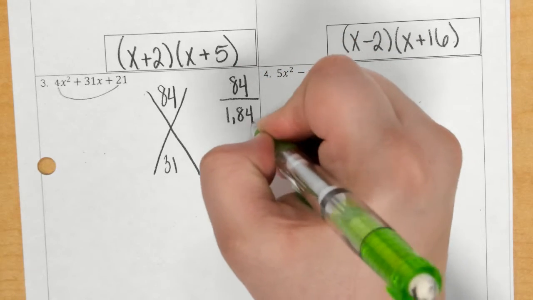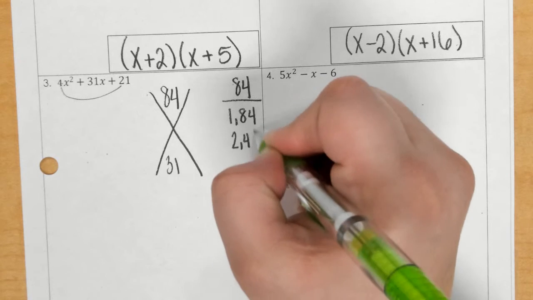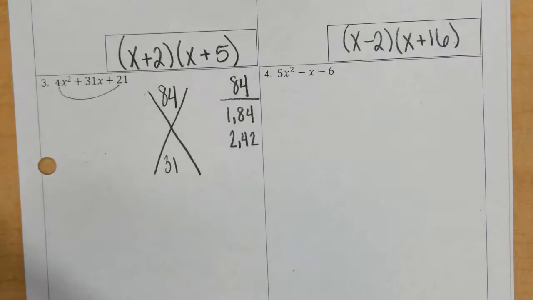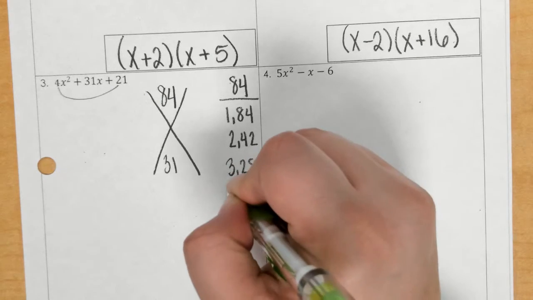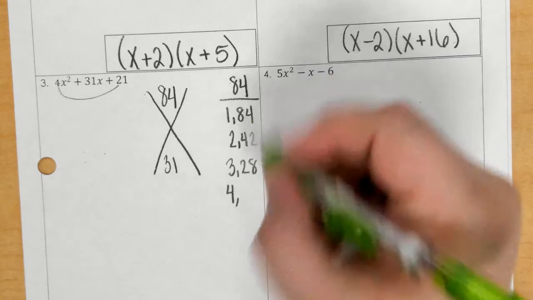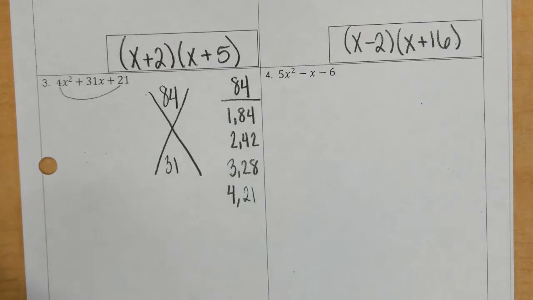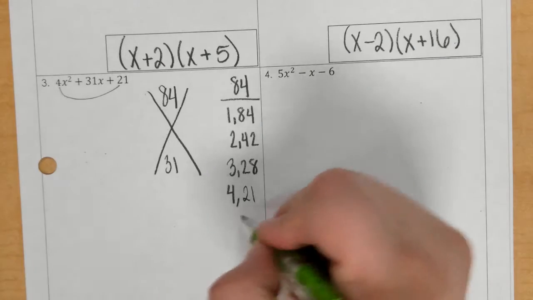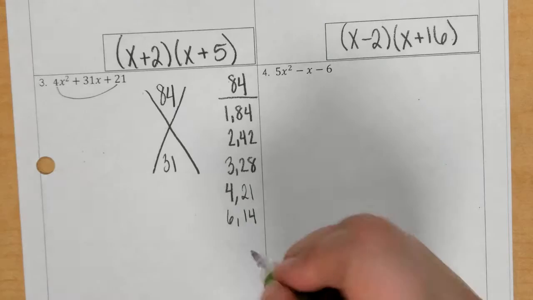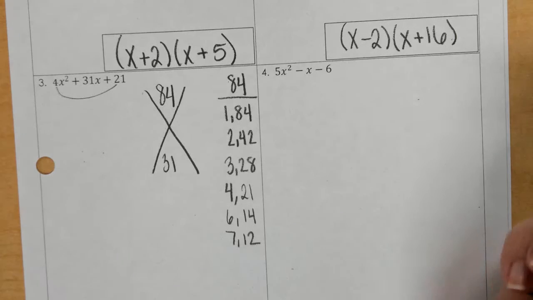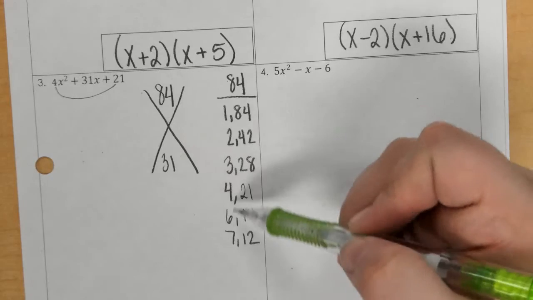So 1 and 84, 2 and 42, 3 and 28, 4 goes in 21 times, 5 does not go in, 6 goes in 14 times, 7 can go in 12 times, and I think that's it. Let's just check real quick. Yes, okay. So these are all the factors of 84.